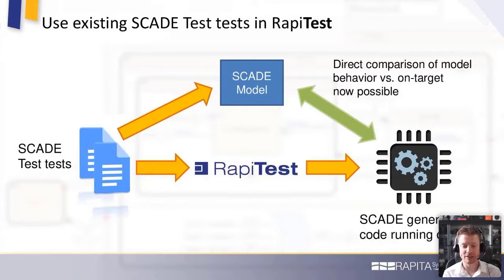RVS will read the native SCADE test formats, and then it will use them internally to build these test harnesses that you can then run on your real target hardware. So that's a big advantage, the fact that your tests remain in native SCADE format, so you don't have to do any permanent conversion. It also means you can pick up changes to the SCADE tests very quickly.